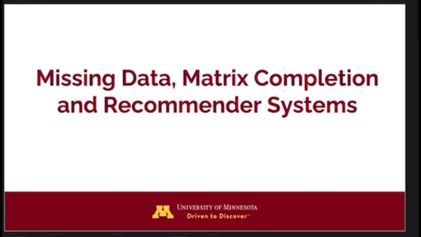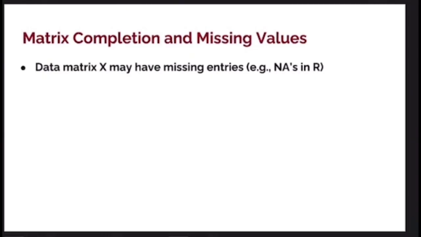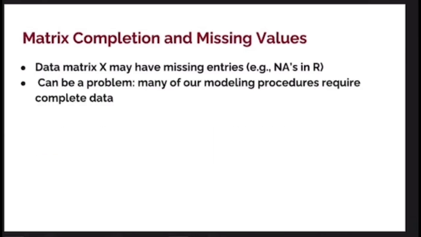I want to welcome you to matrix completion, where we could have missing values. I said a data matrix may have some missing entries, and that can be a problem moving forward. Many of our modeling procedures require complete data. Because with missing data, there's going to be an issue. What are we going to do?